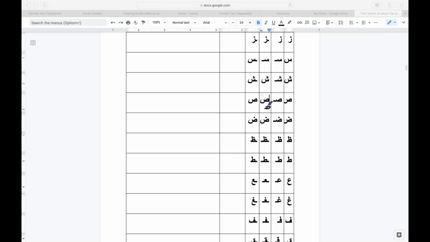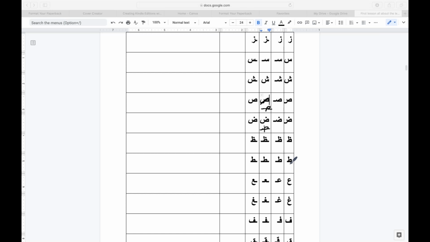You write the Sad this way, longer from here, and from here there is something attached to the letter after it. Okay, so this is the real shape for the Sad, and the same way for the Dad in the middle, because it is going to attach to someone. And this happened just with these two letters. I couldn't fix it, but now you see on the screen, it's clear for you.